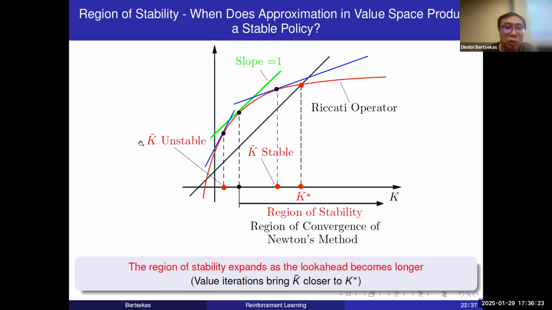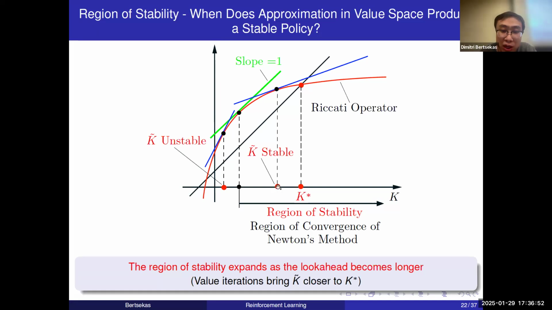So starting from some K tilde, as mentioned in the first part of the lecture, one-step look ahead will define a policy by drawing this line that is tangent at the point K tilde, and its corresponding cost function will be the intersecting point between the 45-degree line and the newly drawn tangent line.